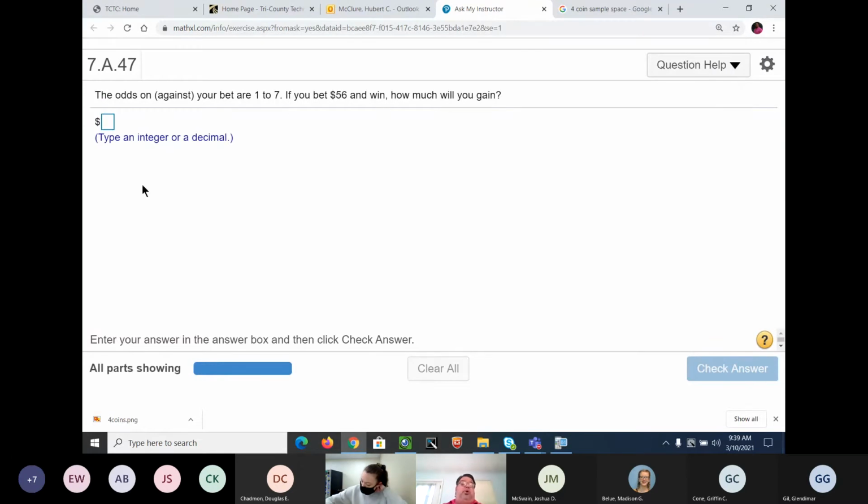The odds against your bet are 1 to 7. I'm going to do this because you might see a question on the test like this. I'm going to add for your information. Odds against equals probability of failure over the probability of success. So in this case, this is for your information.